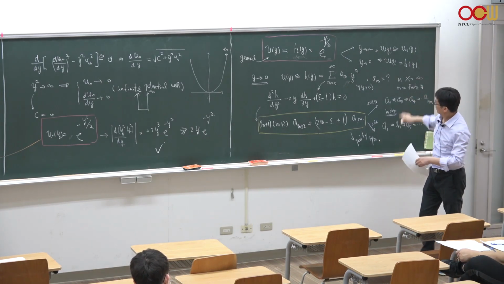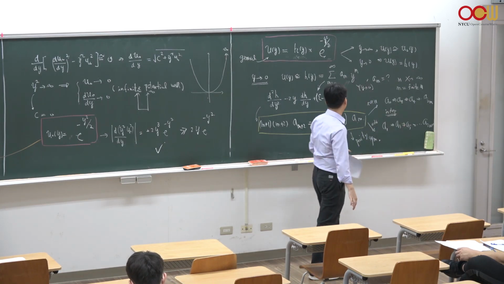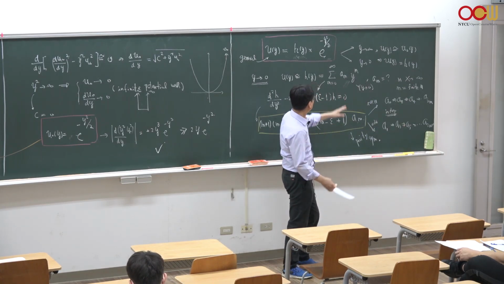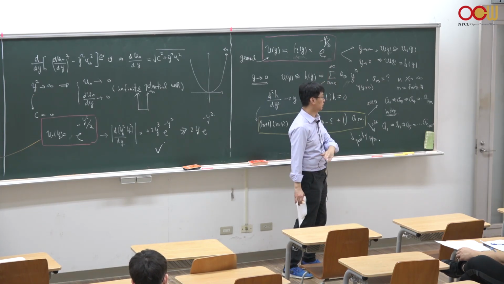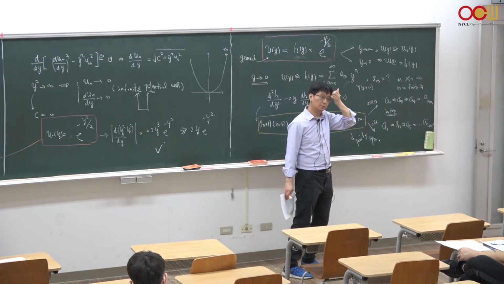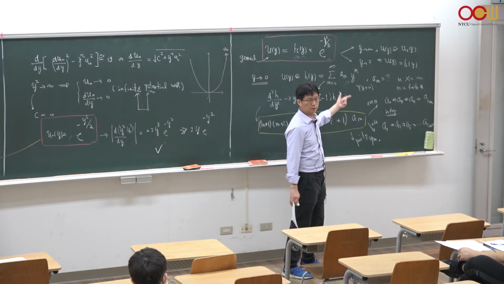Which means that we need to truncate, or simply cut off, this infinite number of terms to a finite number of terms in this polynomial.